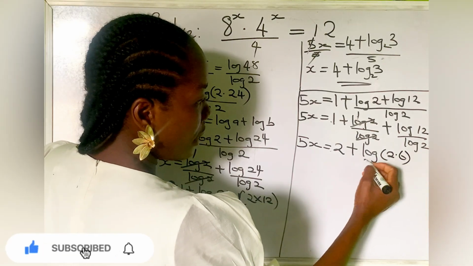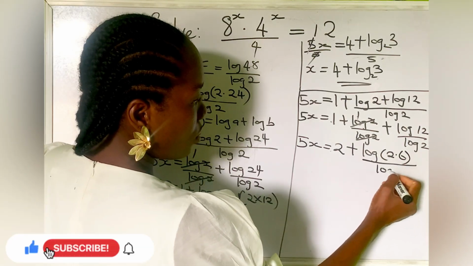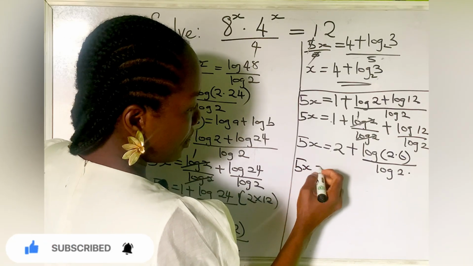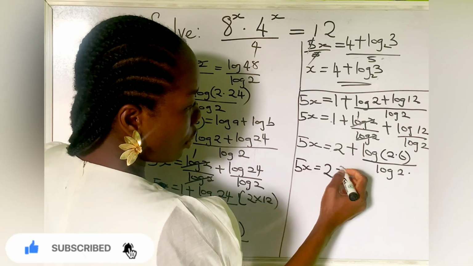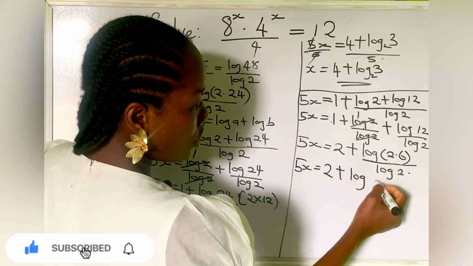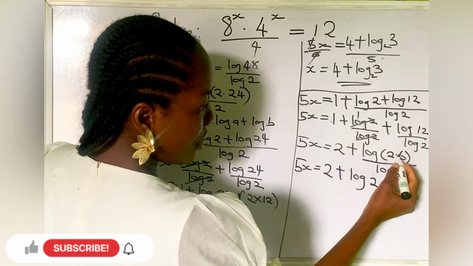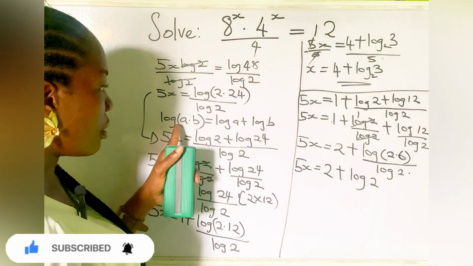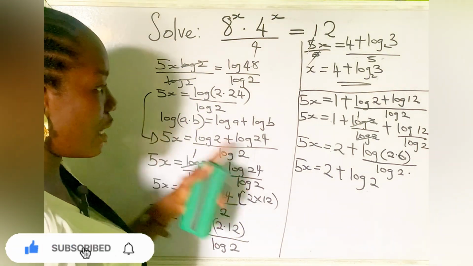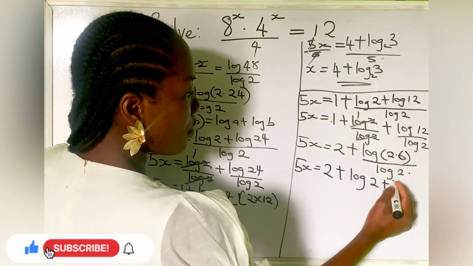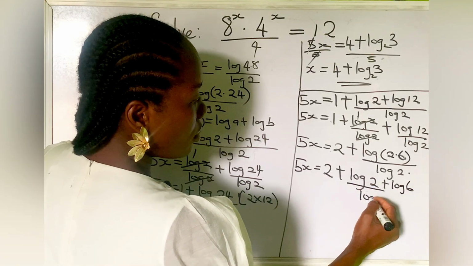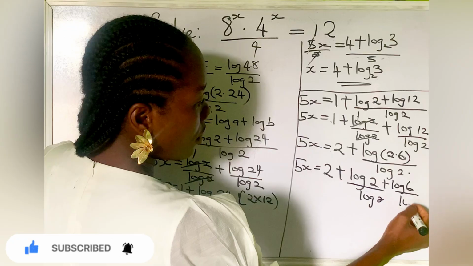Because of space, I don't want us to keep going back and forth with doing most of these identities. So 2 plus log 2, this is 6, 2 multiplied by 6. So from here, using this law of logarithm, it now becomes log 2 plus log 6 over log 2 over log 2.